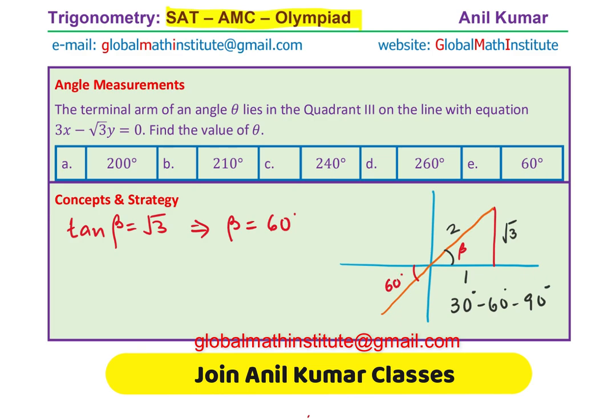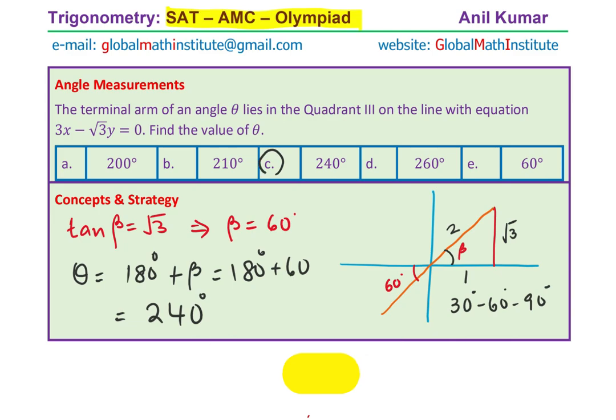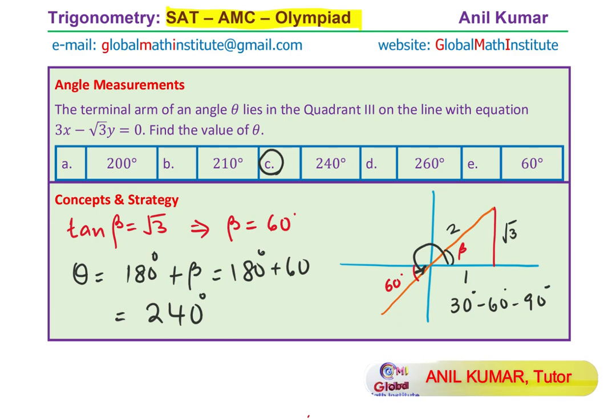And clearly, the angle theta should be 180 degrees plus angle beta, right? Which is 180 degrees plus 60. And that gives you the answer as 240 degrees. One of the options is 240, which is option C. So that is the angle which we finally found as the answer.